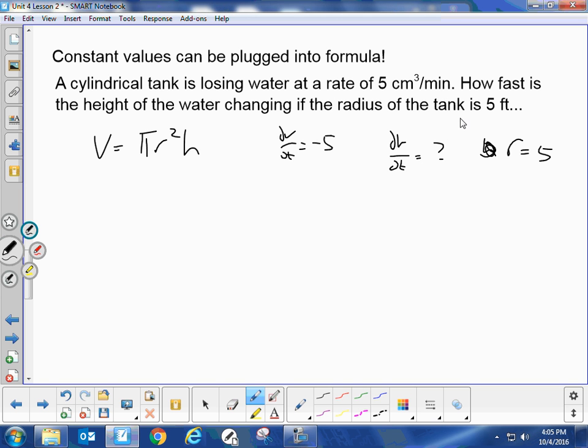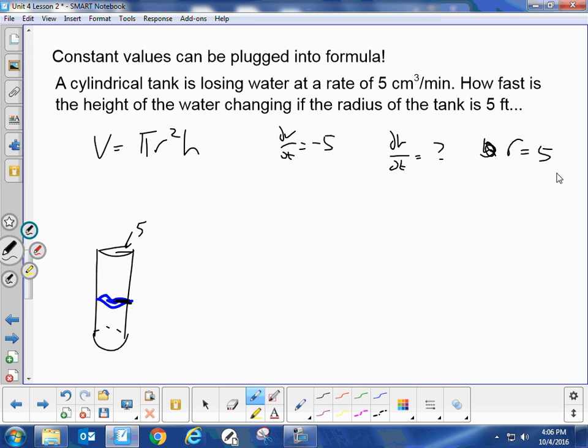So if the radius of the tank is 5. Now, if we're talking about a cylindrical tank, the radius is always 5. Always and every time 5. So that's not going to change no matter where the water is in the tank. The water's down here or up there, its radius is always going to be 5.